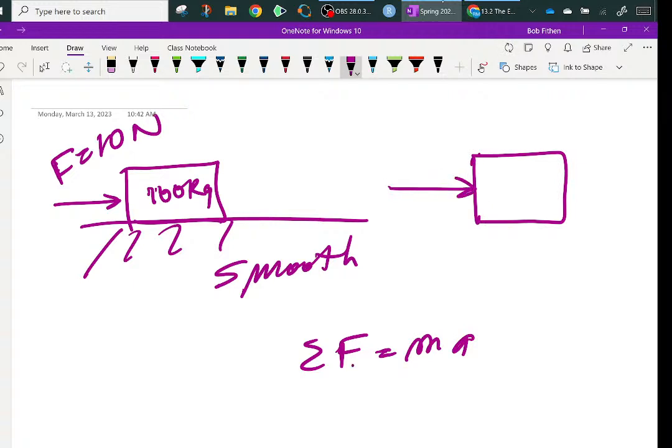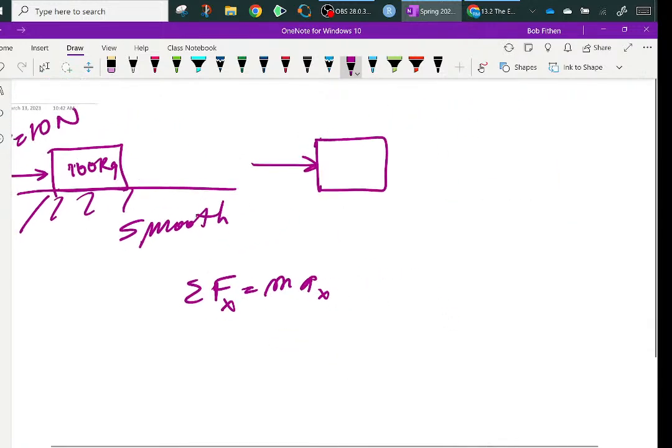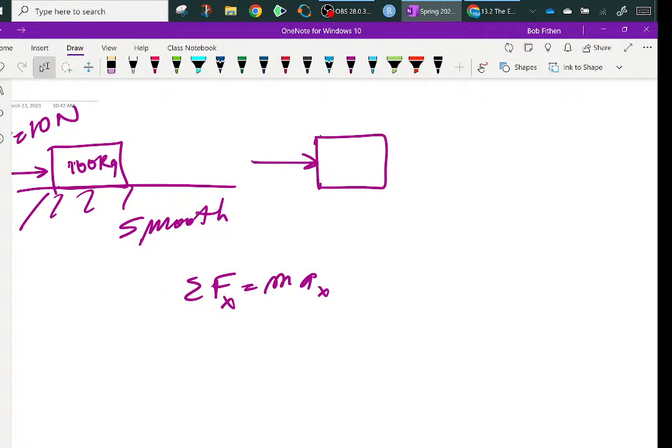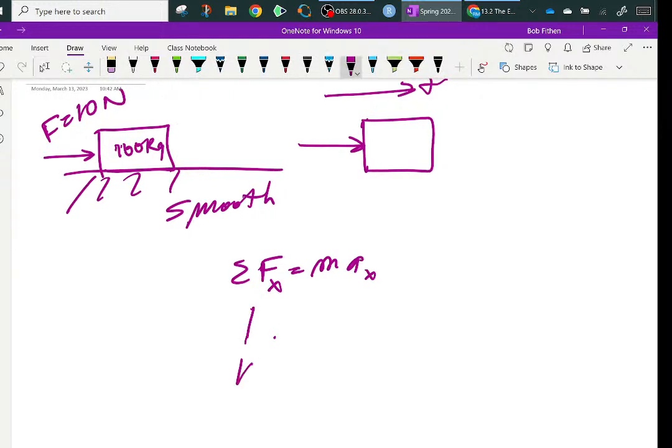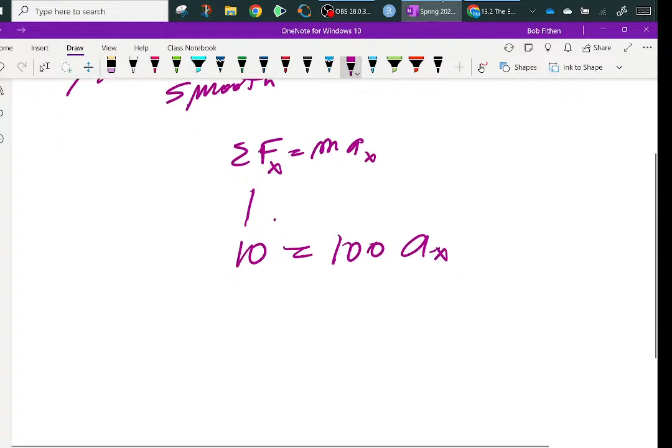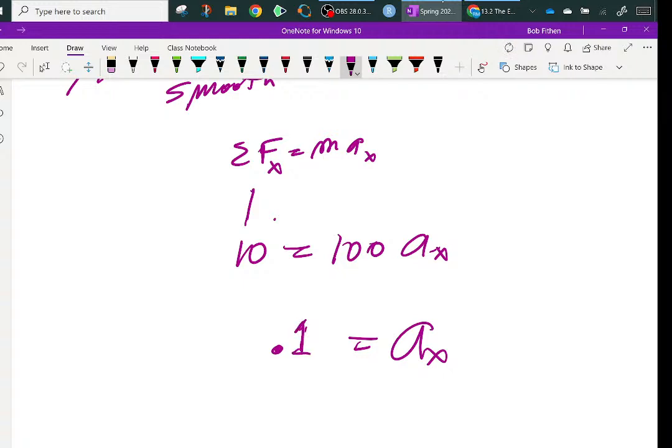So let's just do sum of the forces in the x direction. It's really unbalanced. Say this is positive, then you get 10. And normally you'd get something here, well, that can't be, but it's 100 kilograms and it has an acceleration to the right. So now you know it's just accelerating at 0.1.